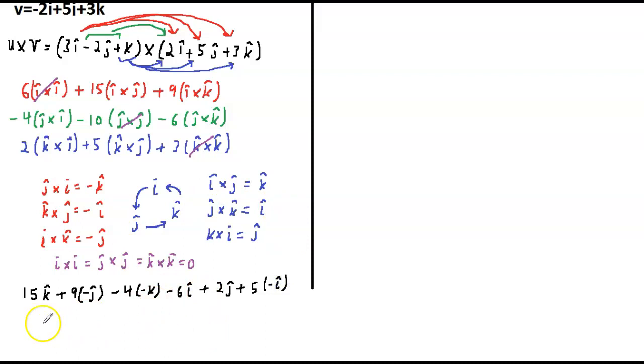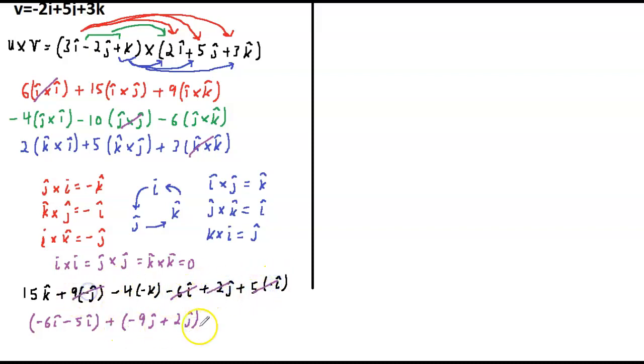Again, simplifying these, taking our minus signs out front and combining things where we can. We have negative 6i minus 5i. So those are our i's. Let's look at our j's. For our j's, we have negative 9j and positive 2j. Now let's look at our k's.